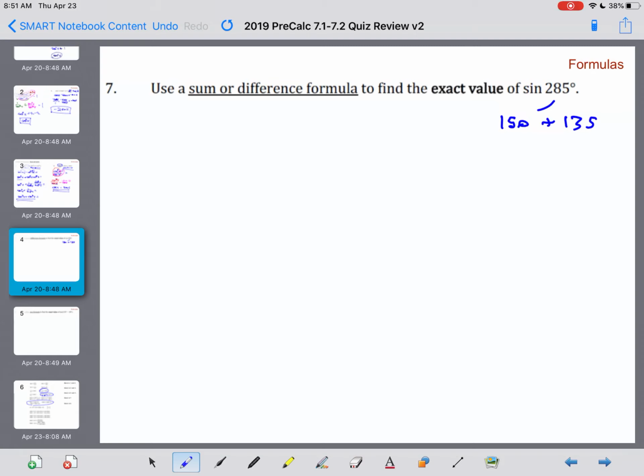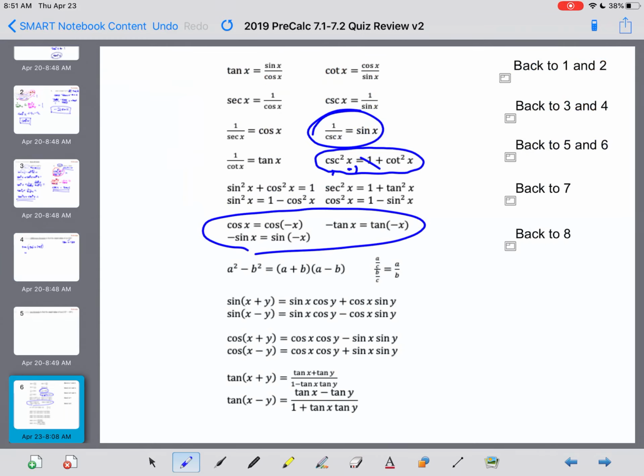So I'm going to go ahead and rewrite this as the sine of 150 degrees plus the sine of 135 degrees. And again, using our formula with the addition with sine, we're using this guy right here. So it's going to be the sine of the first times the cosine of the second plus the cosine of the first, sine of the second.